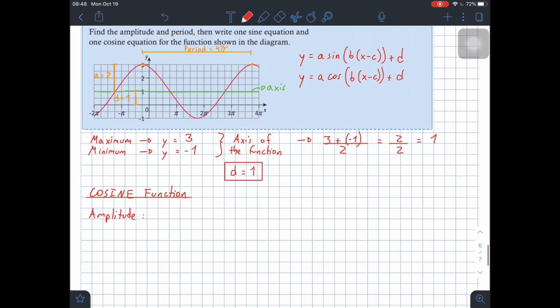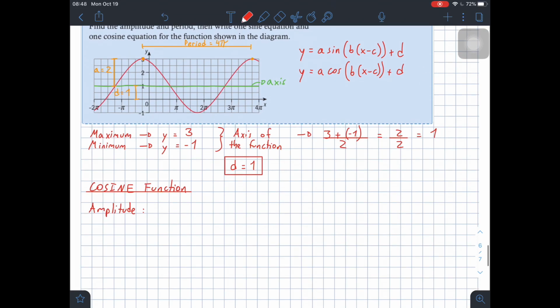It's the maximum minus the minimum divided by 2. So this is 4 divided by 2, which is equal to 2. So the value of A is equal to 2. You can find it this way, or you can find it graphically as we did before.